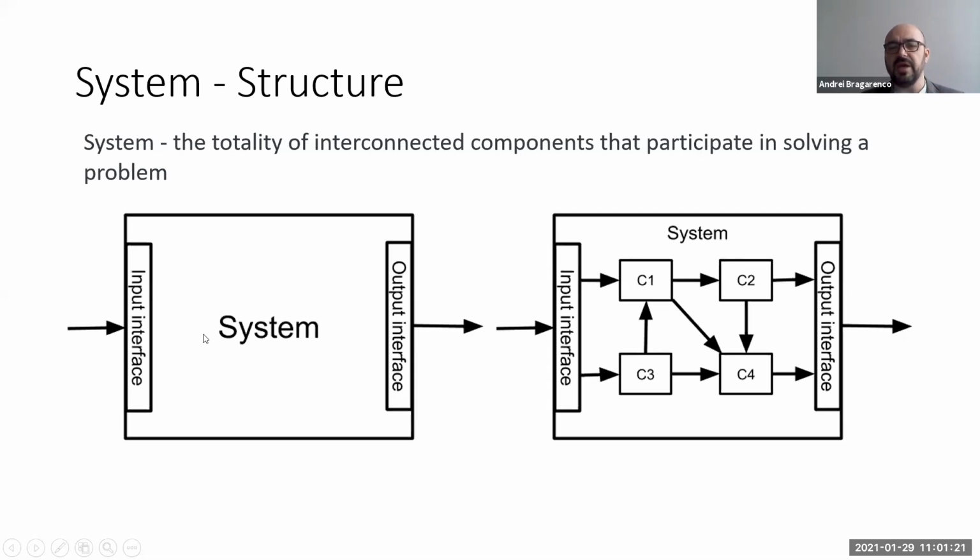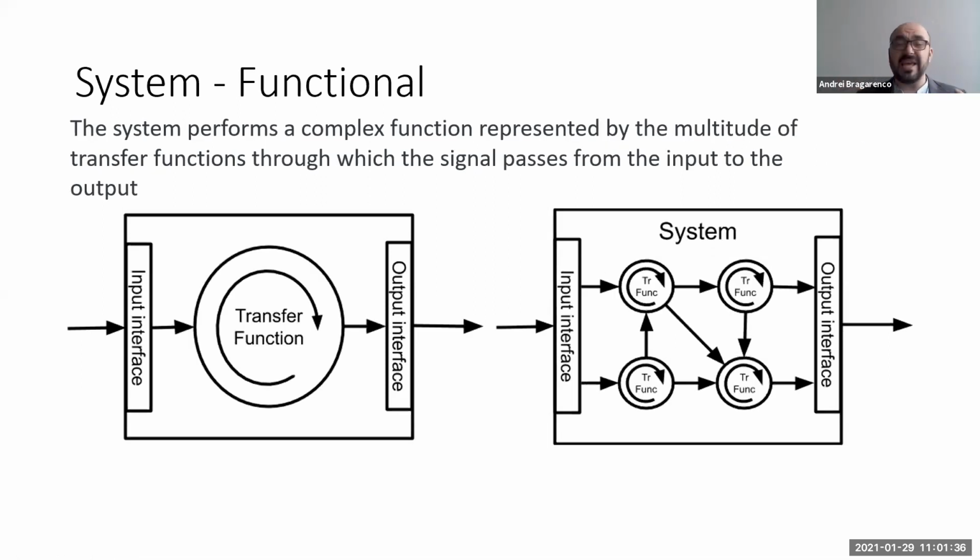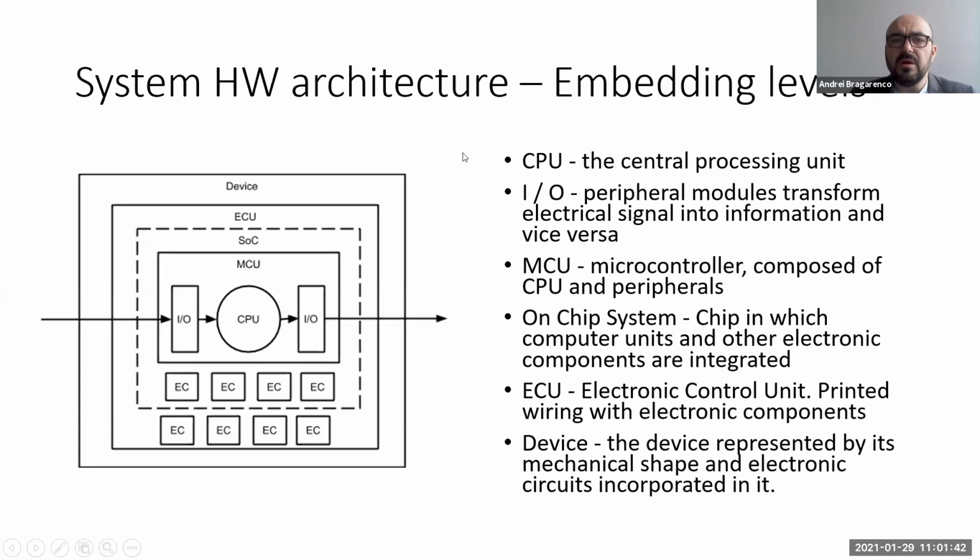But generally speaking, any system has an input and an output interface, and its functionality can be split into different components in order to simplify the engineering work. Same for functionalities.